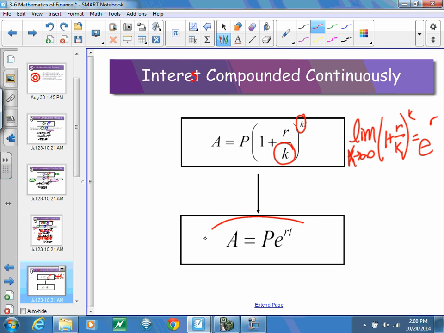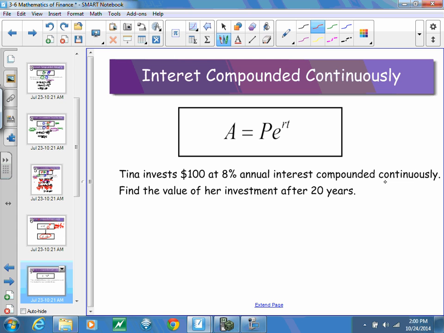And this is where our PERT formula comes into play. This is dealing with an account that is being compounded continuously. The key word here is you need to have the word continuously in there. If it said compounded annually, we're going to go back to 1 plus r.